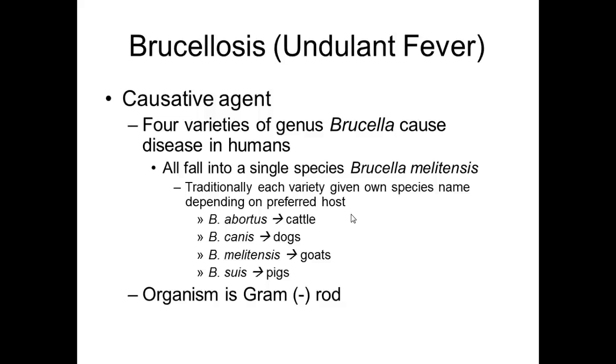They've done genetic testing now, and they found that it isn't a different bacteria that infects goats, pigs, sheep, whatever. It's all the same. And so they've decided on a single species name of melitensis. But sometimes you'll see the other names in the literature still.